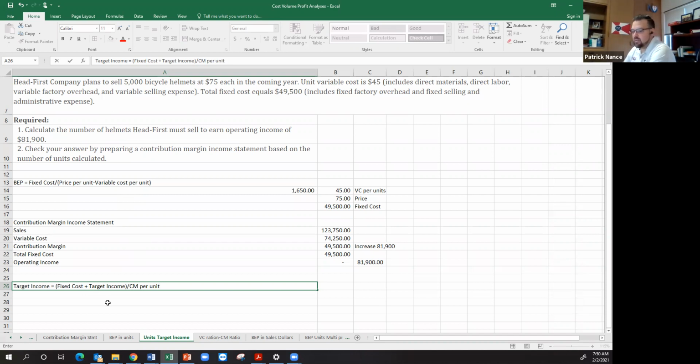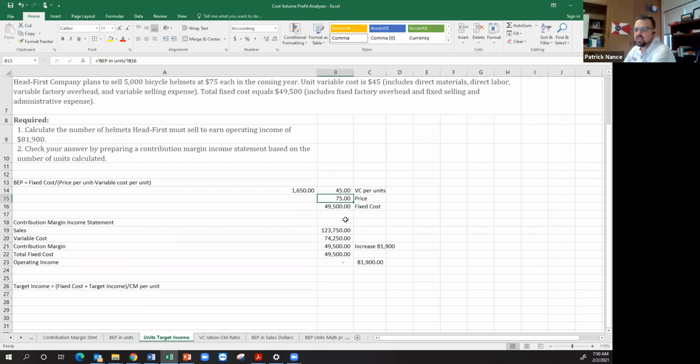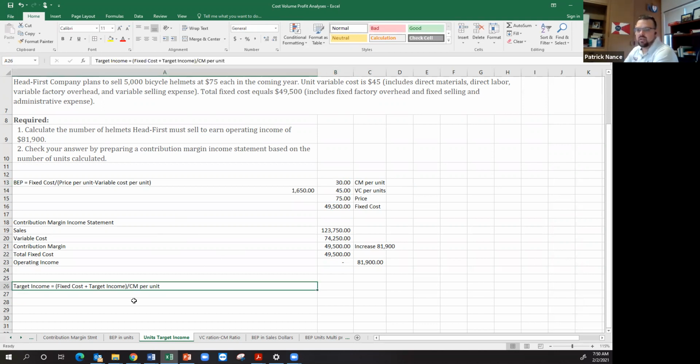So all I've got to do is add my target income to the fixed cost side. Then I have to use the contribution margin, because not every dollar of my sales price, my $75 sales price in this case, goes towards the contribution margin. My contribution margin per unit is the price minus the variable cost per unit, so $30. Only $30 of every sale goes towards it. So that's why I'm using the contribution margin.